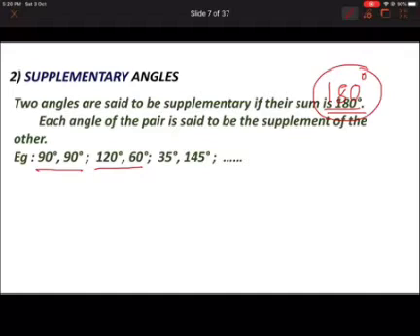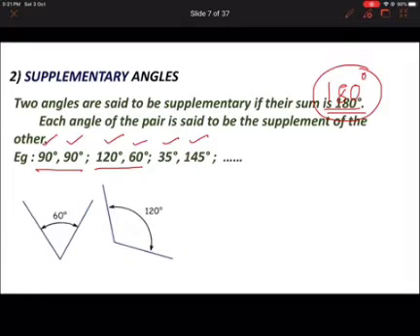Like 90 is the supplement of 90 degrees. 120 degrees is the supplement of 60 degrees, or the other way, and 145 degrees is the supplement of 35 degrees. Okay children?